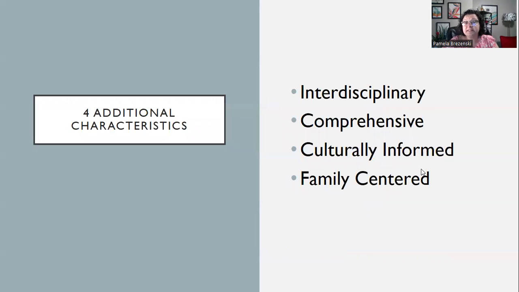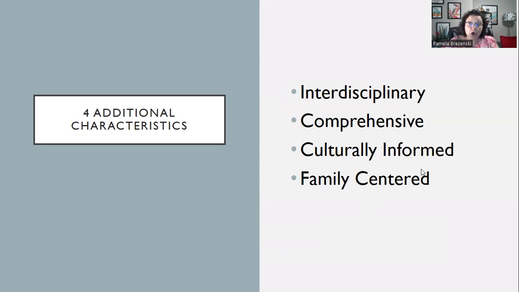We also have 4 additional characteristics that we need to be mindful of. We need to make sure that we have interdisciplinary components in there. That means that if we are looking at social communication with peers, we need to look across more than just our world. We need to look at speech. We maybe need to look at sensory components. Maybe we need to look at assistive technology assessment.